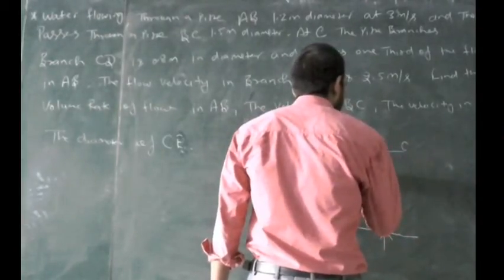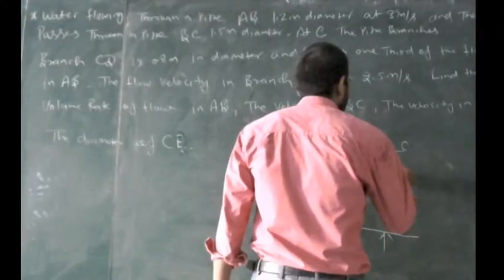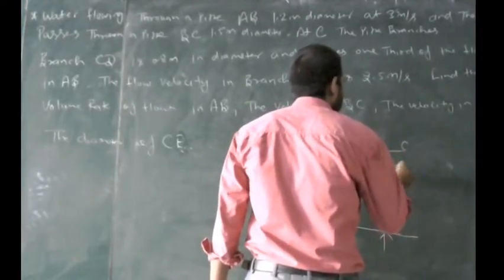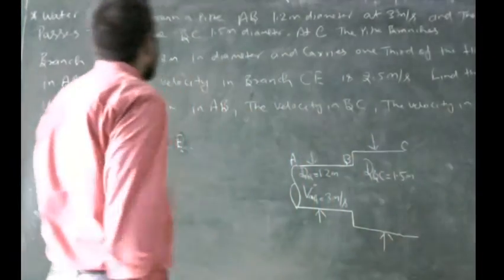This means BC equals 1.5 meter diameter.